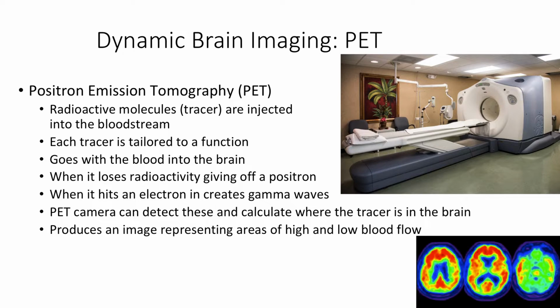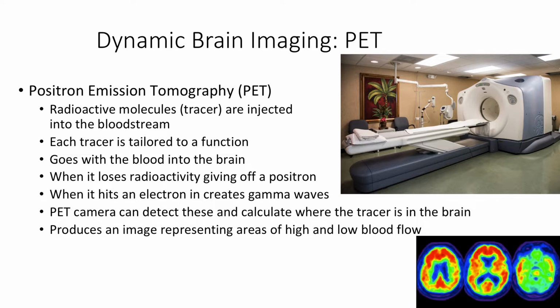So again, these radioactive molecules will eventually break down, and then they will give off a positron. A positron is a tiny positively charged particle. And whenever this positron hits an electron at the right speed, they will combine and technically destroy each other.